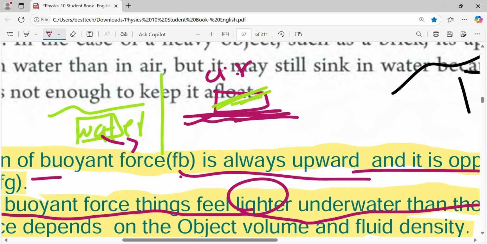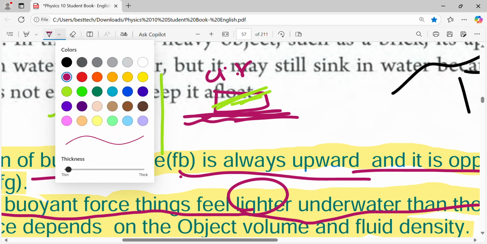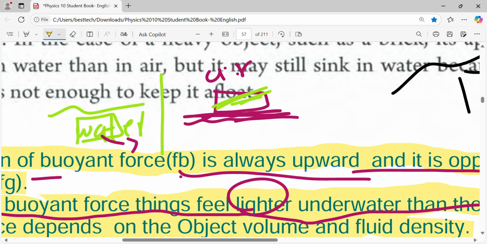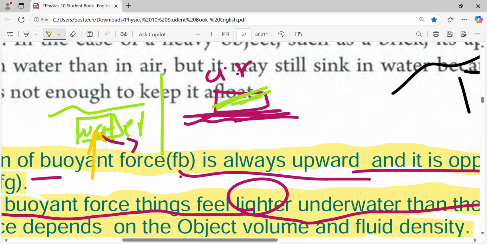The reason the object under the water becomes lighter is that when the object goes under the water, a buoyant force acts on it. This is the force of the water on the object. The buoyant force pushes the object toward the surface of the water.